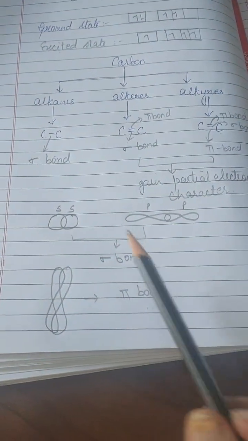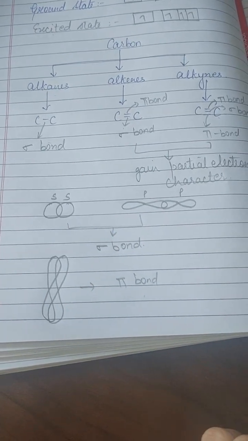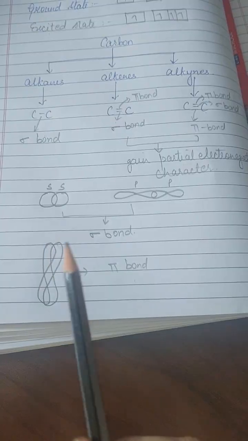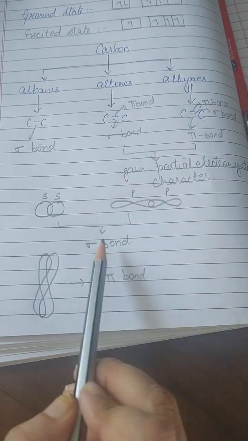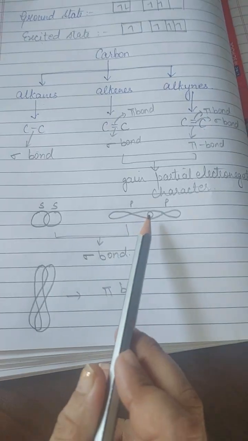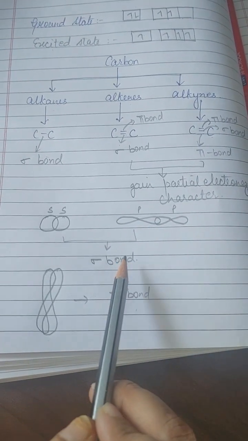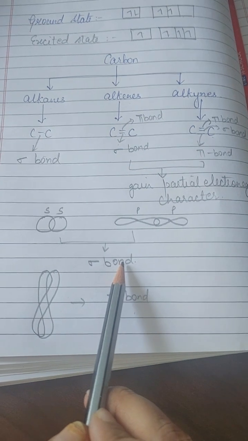And according to these three diagrams, it is observable that when the bond is formed with head-to-head overlapping, there is more extent of overlapping, which makes sigma bond a stronger bond.